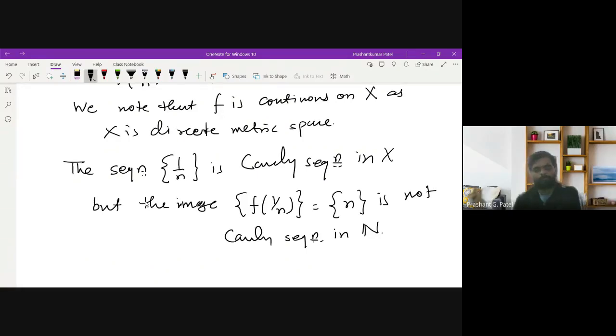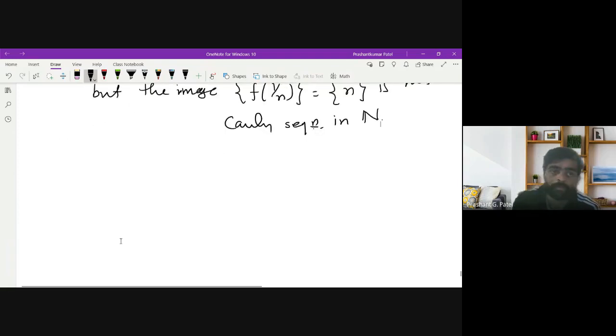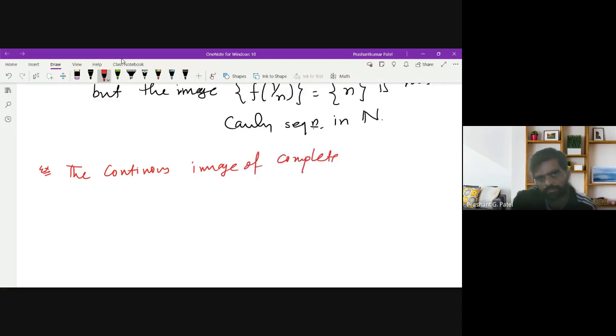Okay. The next example tells you that the continuous image of a complete space need not be complete.